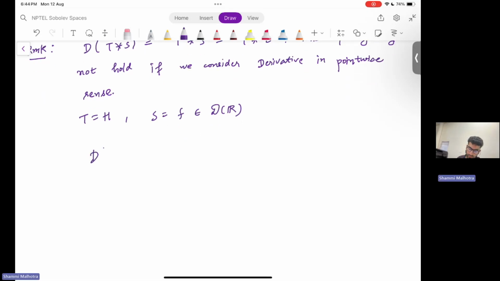Then if I take the derivative of H star f, that is dH star f, if the equality holds, and the derivative of the Heaviside function is the Dirac delta, so delta star f, and that is nothing but f only, from the theory.